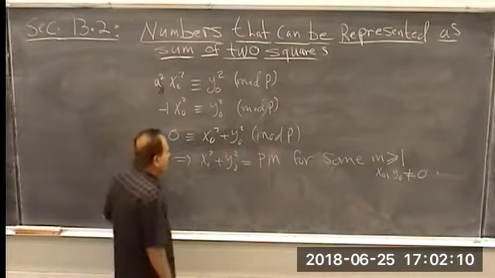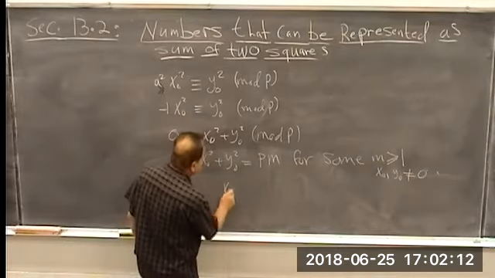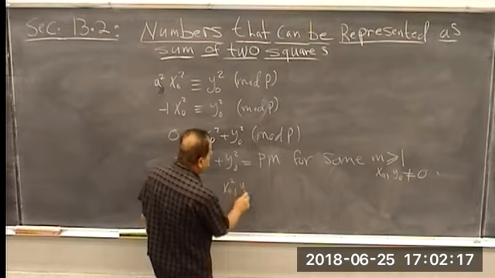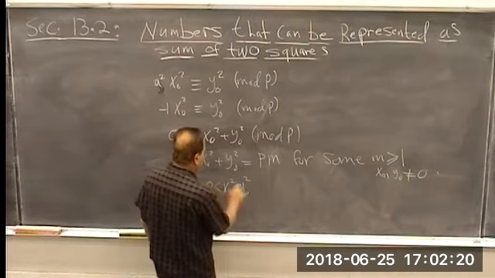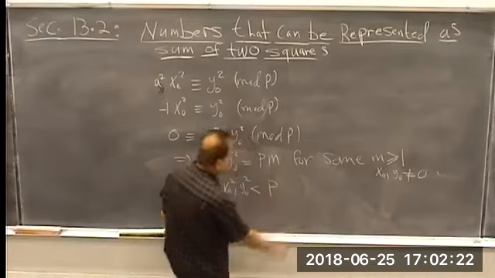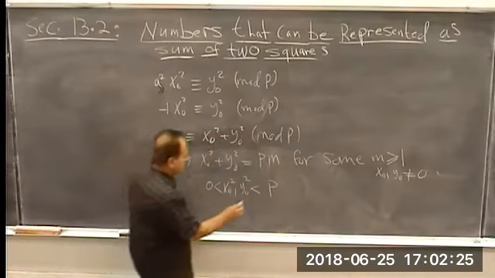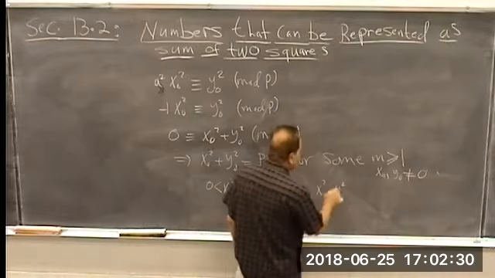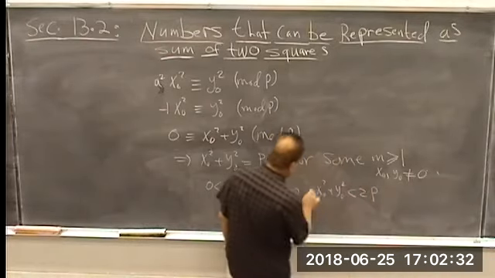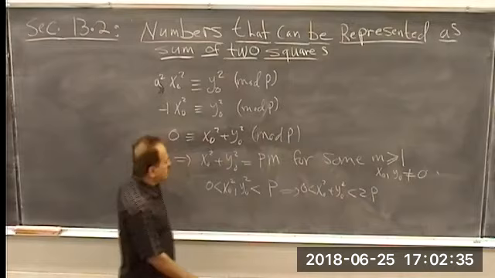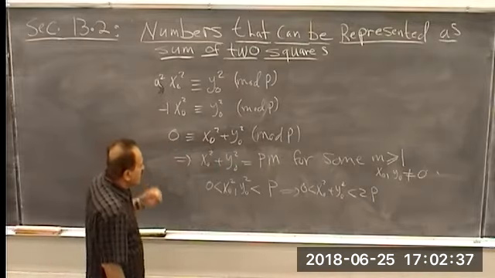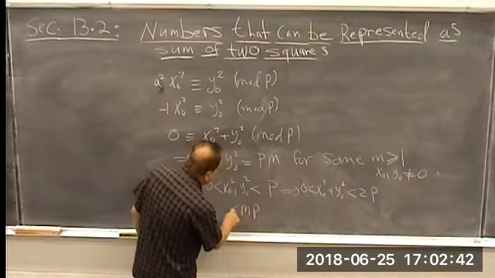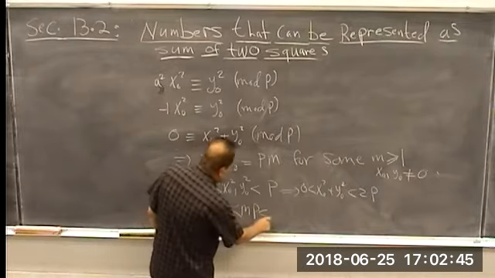Now, we also know that x sub 0 squared and y sub 0 squared are bigger than 0, but less than p. All right, and their sum is going to be greater than 0, less than 2p. So this means that this mp is going to be between 0 and 2p.